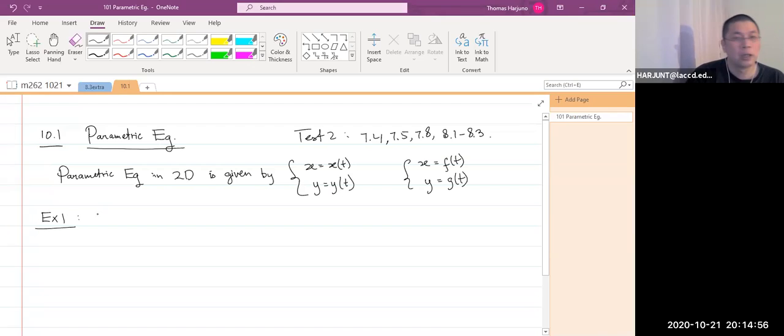Example 1. Let x equal t, and y equal 2t minus 1.